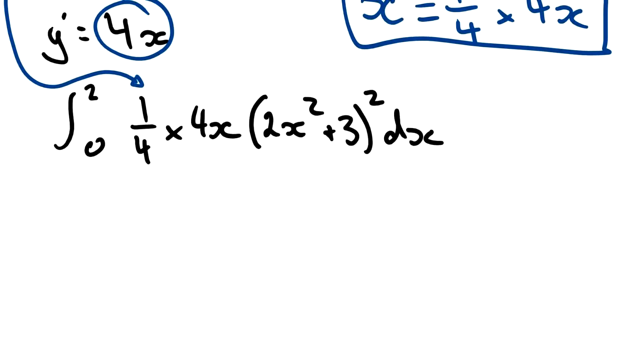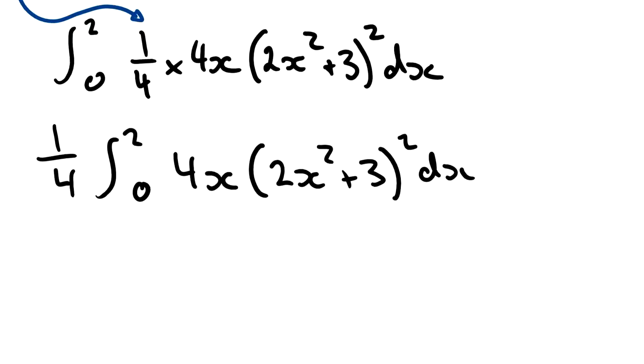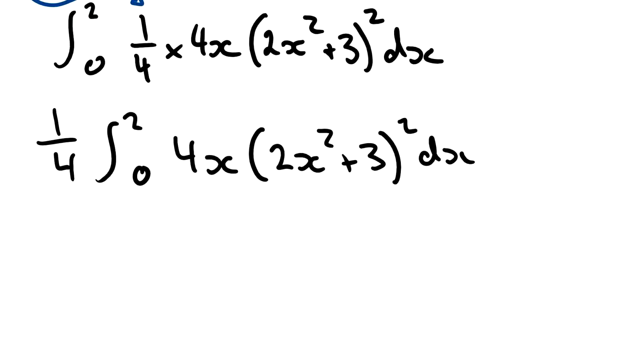Now that we've got that, we know that 1 over 4 is a constant, so that can come out the front of the brackets. So 1 over 4, we get 4x, 2x squared plus 3 squared dx. Now this fits in with our formula that we just used, so we can convert this to 1 over n plus 1, f(x) to the power of n plus 1.